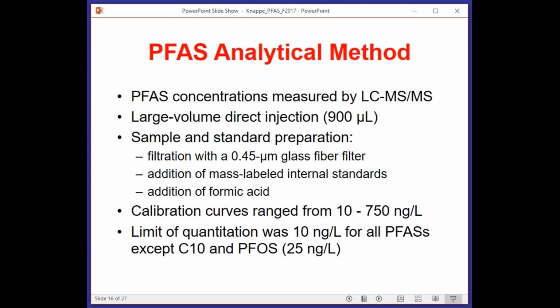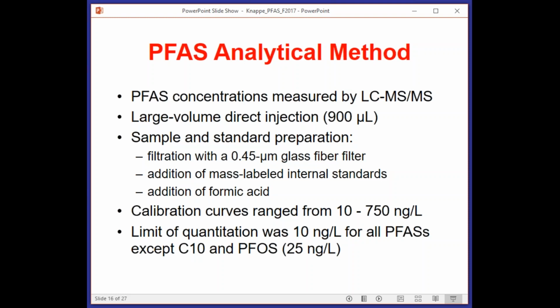Our analytical method for the majority of the study was a large volume direct injection method. We injected 900 microliters into the LC system that allowed us to process a large number of samples. This was an isotope dilution method, so we quantified all of the PFASs against their mass labeled analogs whenever possible.